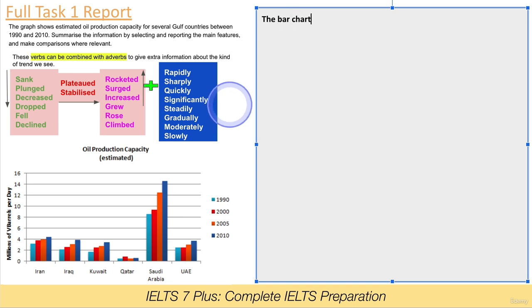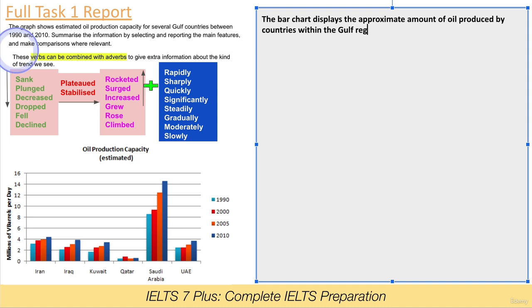So we can be more specific and we could say the bar chart displays approximate, maybe the approximate amount of oil produced by countries within the Gulf region between 1990 and 2010.